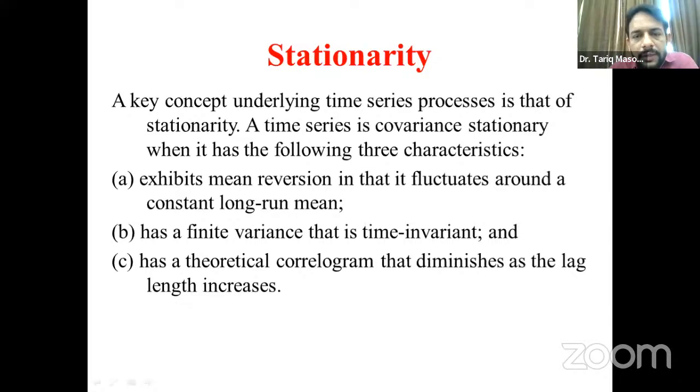For stationary data, the variance must also be a finite, time-invariant value. There should not be any change in the variability, the variance of the series, over the period of time, and there is no change in covariances between observations.